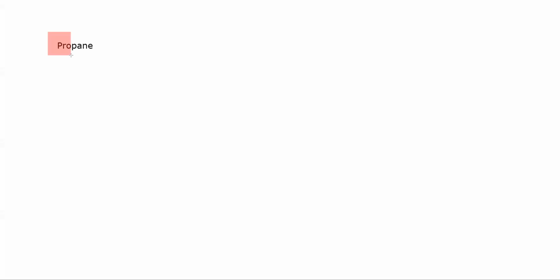First part is prop and the second part is ane. Prop means how many carbon? So prop means there are 3 carbon atoms. And ane means what is the bond between the carbon atoms? There should be a single bond.